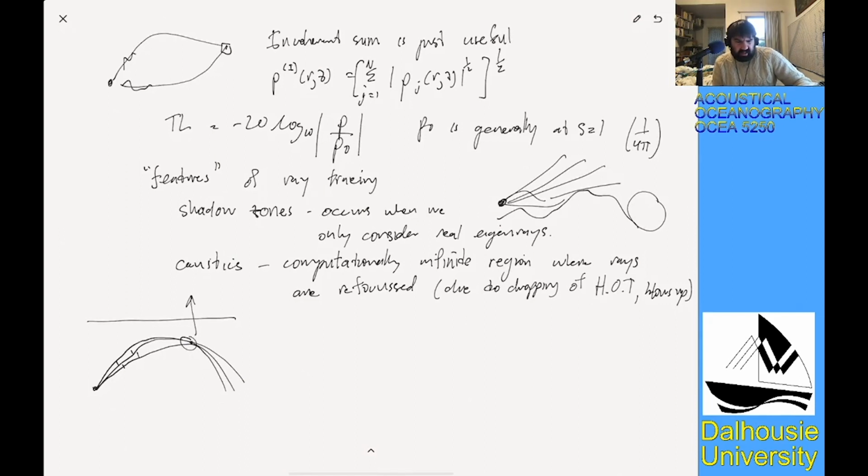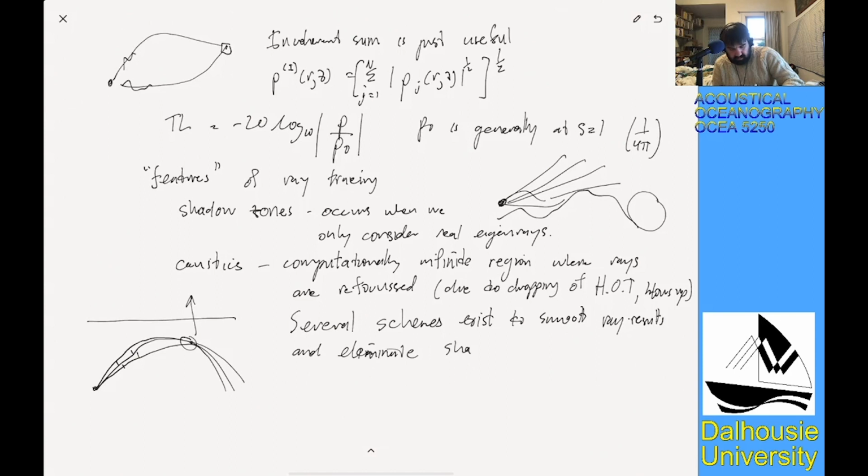Now, there's a bunch of schemes. Schemes exist to smooth ray results and eliminate shadows and caustics.